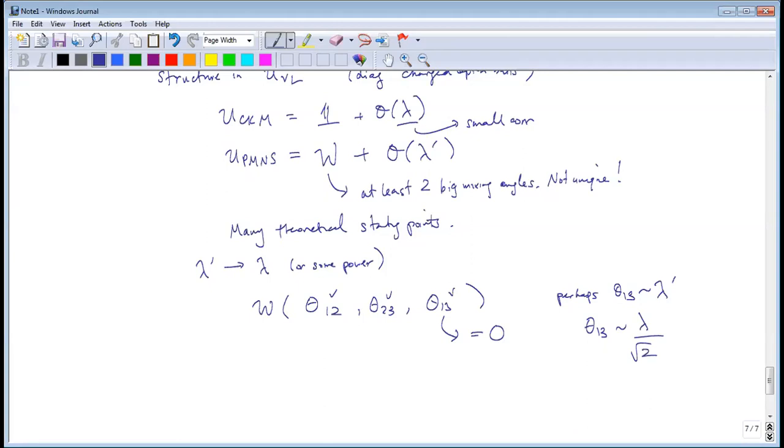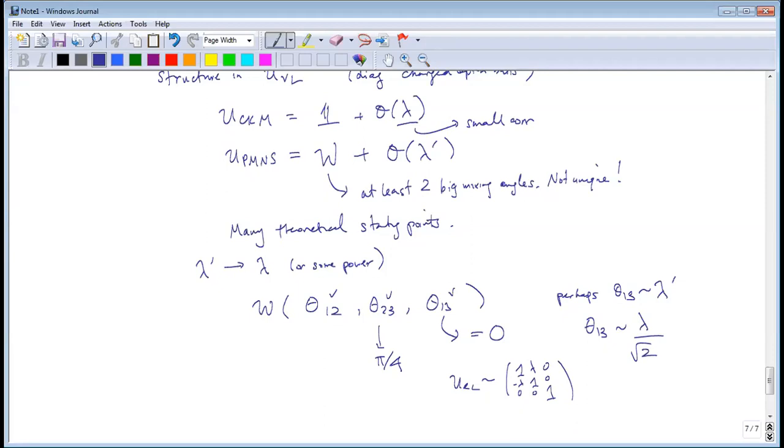square root of 2. Okay, and this can turn out to happen very easily in a scenario in which suppose we start with this 1, 0 and this 1 pi over 4, and we have a U_E L, which basically starts off as the identity, but then gets corrected, maybe in the same place as in the CKM in the 1,2 sector.